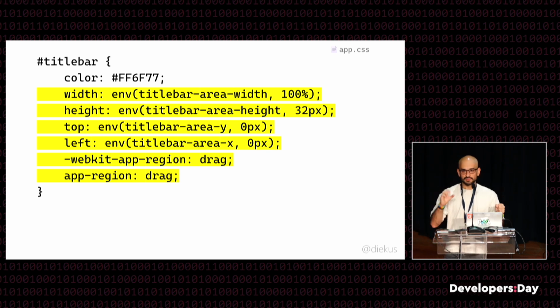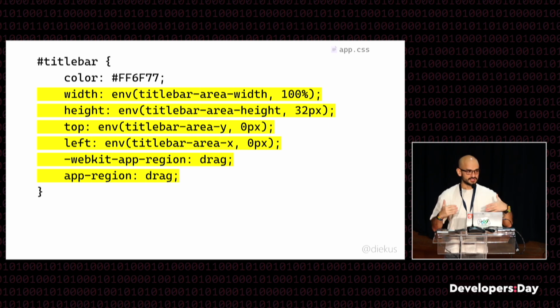Instead of giving it a percentage or a defined pixel size, I'm telling it, look for the environment variable called title bar area width. If it's macOS, it'll return one value. If it's Linux, it'll return another value. If it's Windows, it'll return another value. If you can't find this, and why wouldn't it find it? Because maybe the platform, the browser, does not support this.